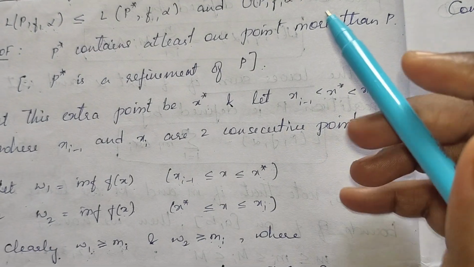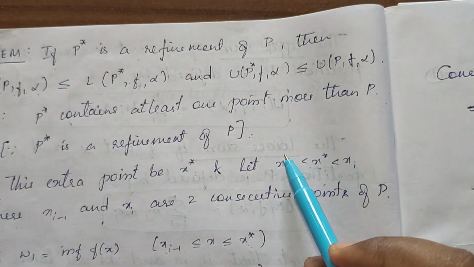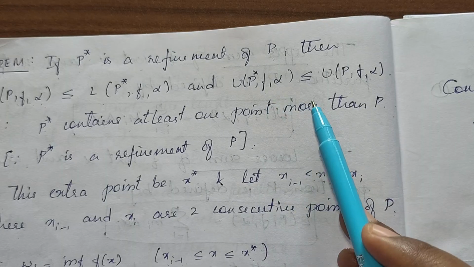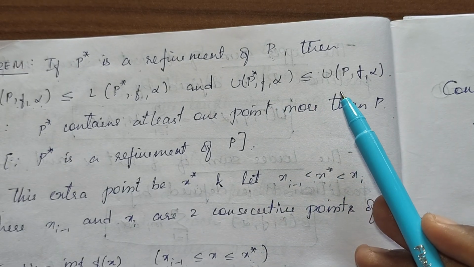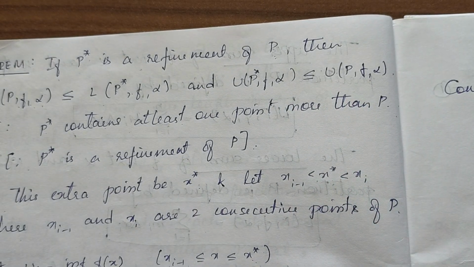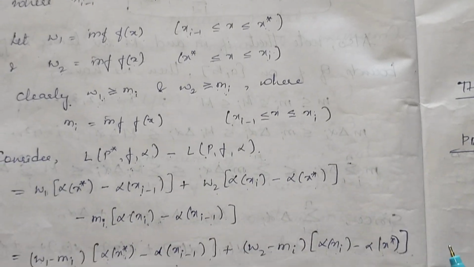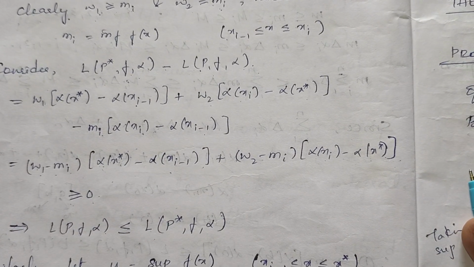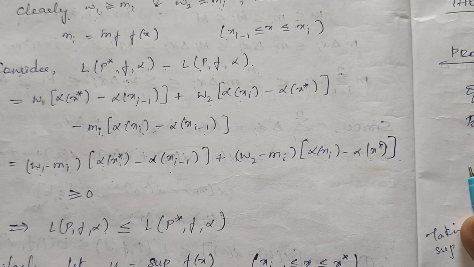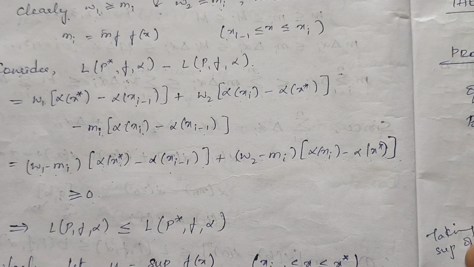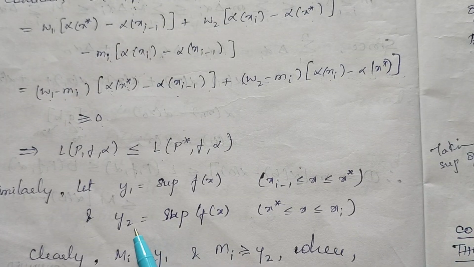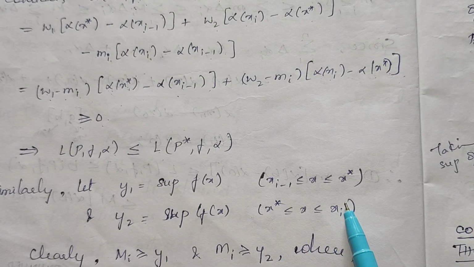U of p star comma f comma alpha less than or equal to u of p comma f comma alpha. Here, as we considered W1 and W2 to be the infimum of those intervals xi minus 1 comma x star and x star comma xi, similarly we are considering y1 and y2 to be the supremums of those particular intervals.